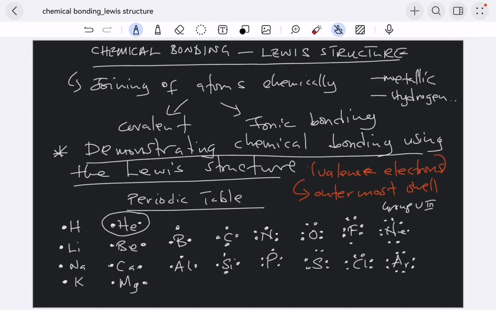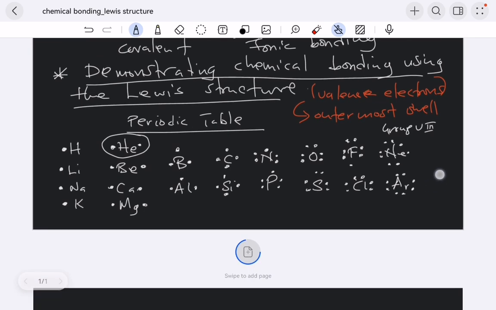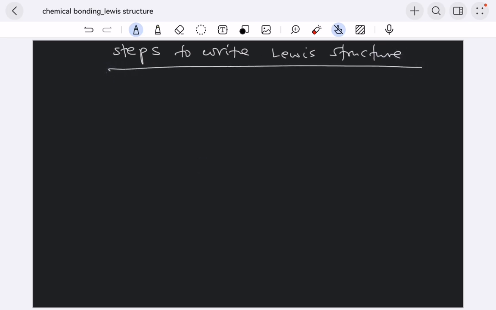Now, for us to demonstrate chemical bonding using the Lewis structure, we have to understand the following steps. So the steps to write the Lewis structure are as follows.